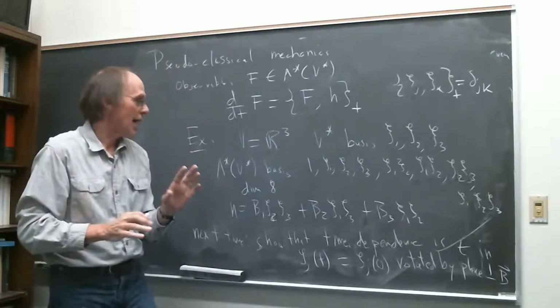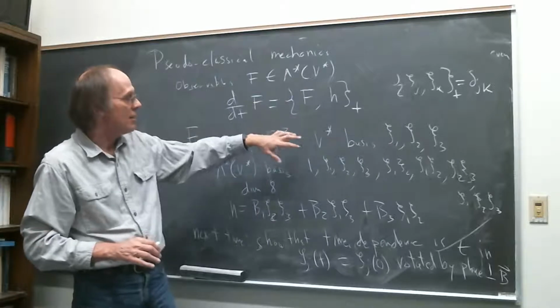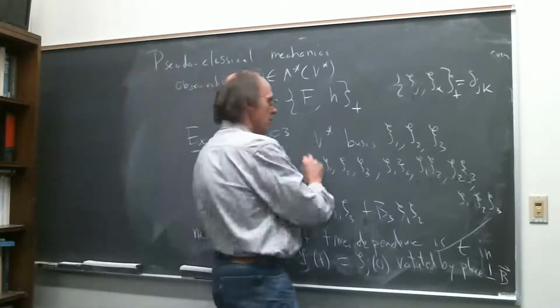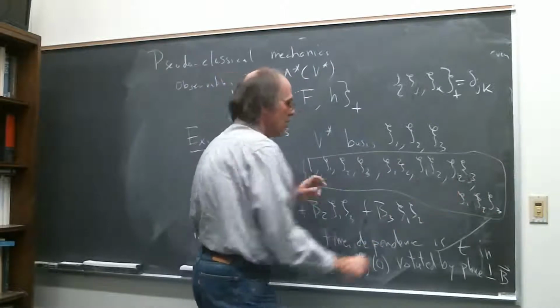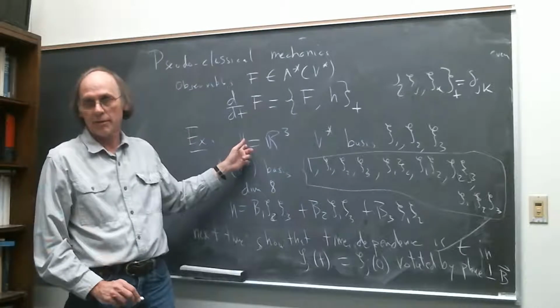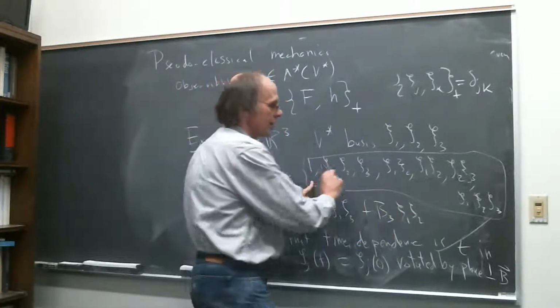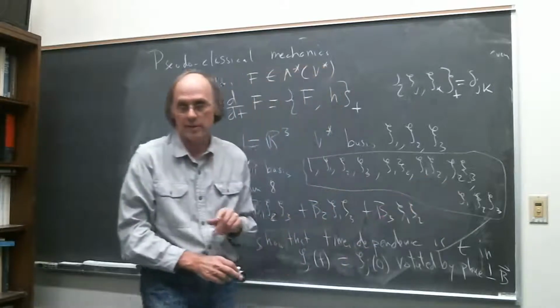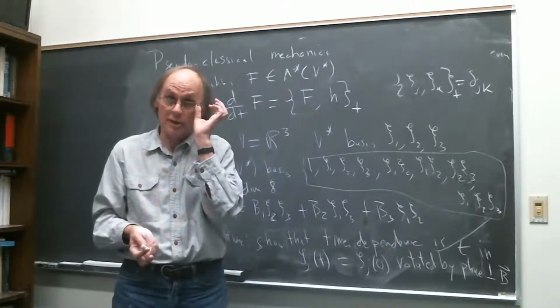When we quantize here, we take this super Lie algebra of functions on this pseudo-classical phase space, and we look for a unitary representation of that super Lie algebra.